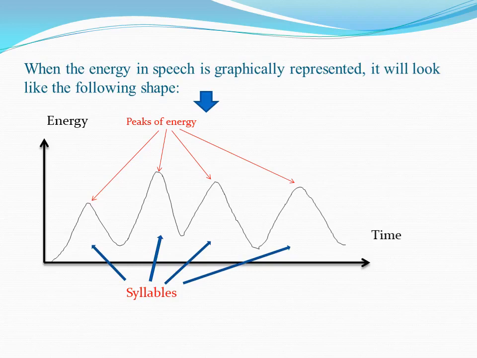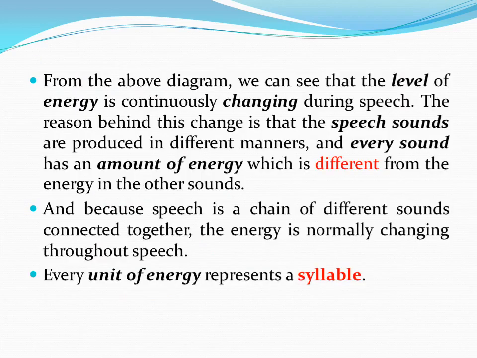And as you can see in the diagram, these units of energy are called syllables. From the above diagram, we can see that the level of energy is continuously changing during speech.